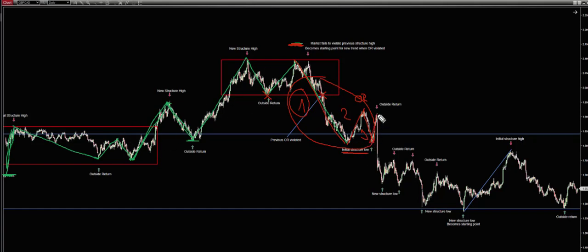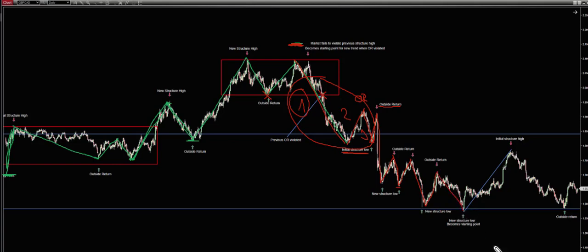Then the price continues with the outside return, which is correct. It creates a new structure low, which is correct. And then this here is an outside return, which is correct. New structure low, which is correct. Outside return, which is correct. New structure low, which is correct, and then this here, outside return, which is correct, then new structure low, which is correct.